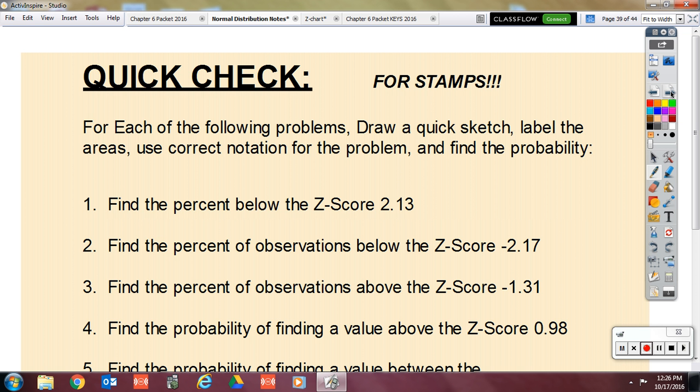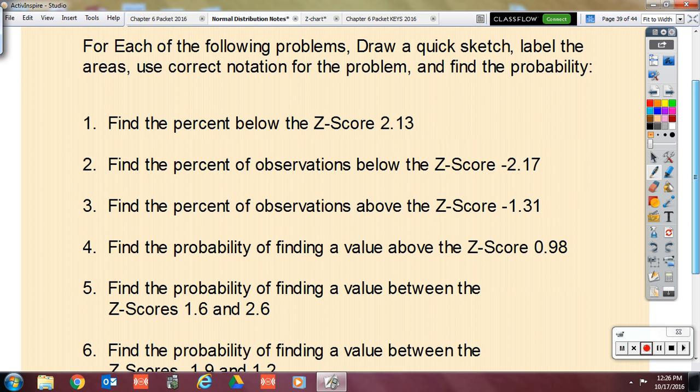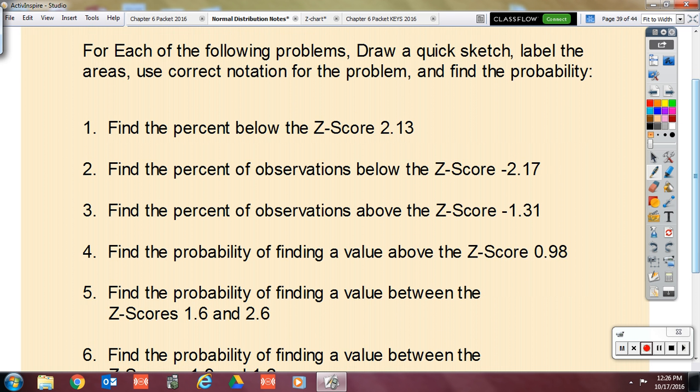So I'll leave this up here, but I'm going to do the first one with you. So the directions say, for each of the following problems, draw a quick sketch and label the areas. Use the correct notation, so I'll explain what that is, and find the probability.